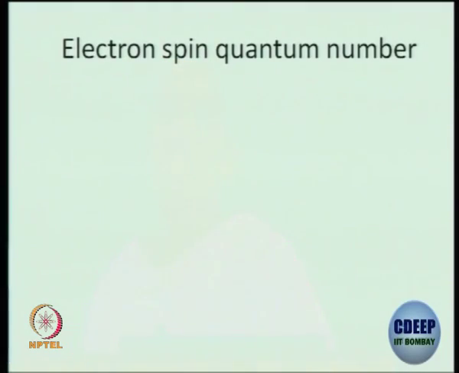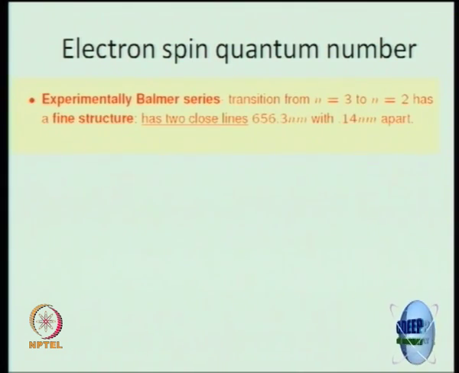So that brings in the concept of putting in, by hand, the electron spin quantum number in non-relativistic quantum mechanics. Experimentally, when they do a transition from n equal to 3 to n equal to 2, they do see small closely spaced lines which are 0.114 nanometer apart.